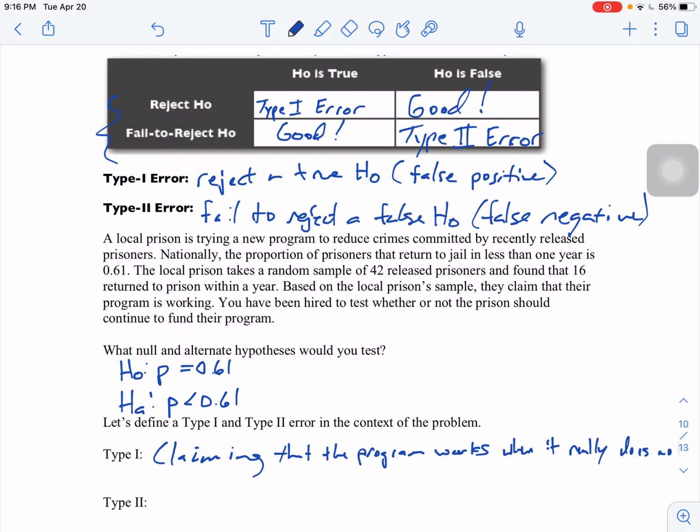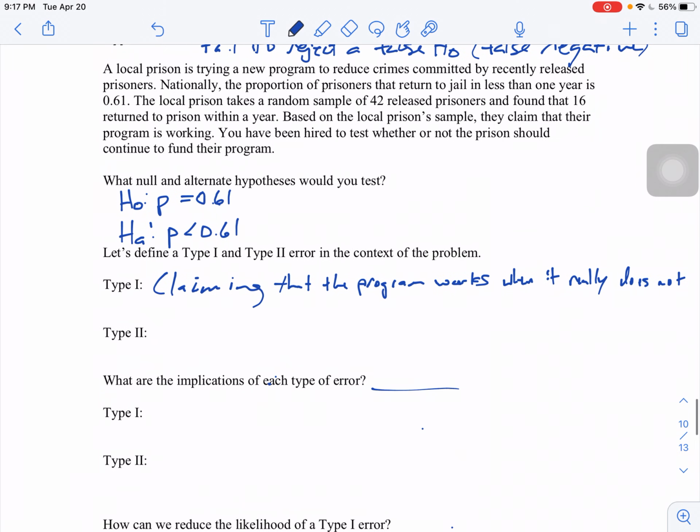A type 2 error is when you fail to reject a false null. If the null is false, that means the program really is working. That means we have evidence for the alternative, that the proportion is actually less than 0.61 for the local prison. But if you're failing to reject, you're not saying it has evidence that it's working. So you're basically saying the program is not working when it really is.